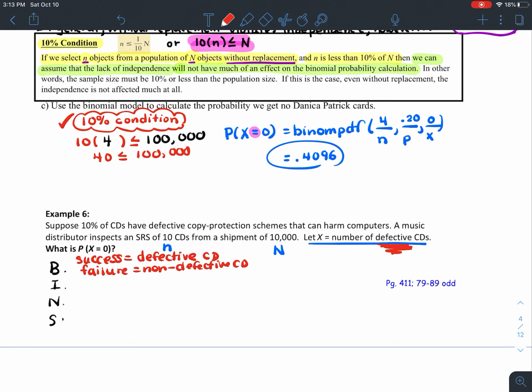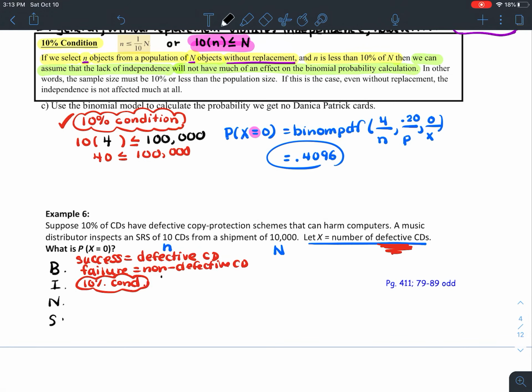Now for the independence condition, clearly when this distributor is picking 10 CDs from the 10,000, it stands to reason he's not throwing the first CD back in and then reselecting. He wants his 10 CDs to be 10 different CDs from this 10,000 population. So he's not going to be replacing it, but if I can show that the 10% condition is being met, then that means this independence condition is still being met.